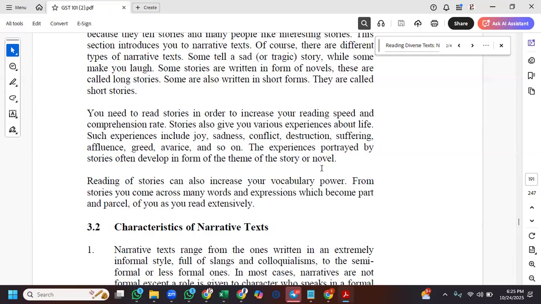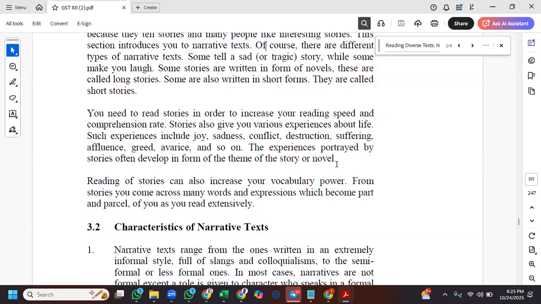The experiences portrayed by stories often develop in the form of the theme of the story or novel. Mostly, when you are reading stories, the title of that story will already tell you what you are expecting in it. So the experience you are going to meet in the story is already portrayed in the topic or in the title of that story.